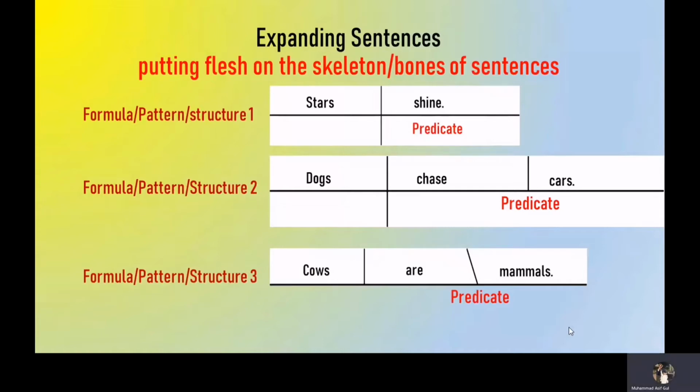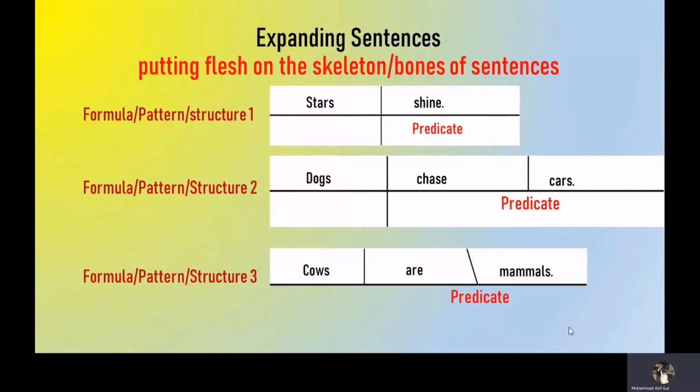We learned Formula 1 or pattern 1 or structure 1, and it is a two slot sentence. The first slot is for the subject and the second slot is for the predicate.